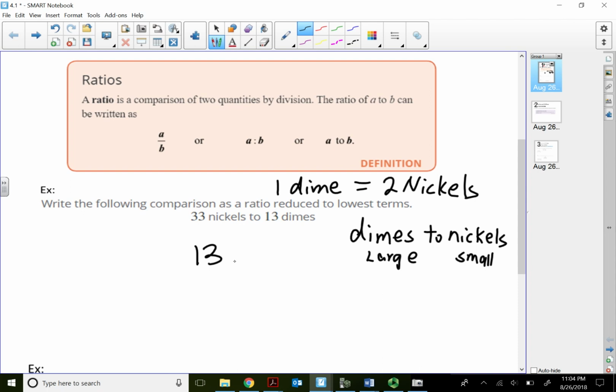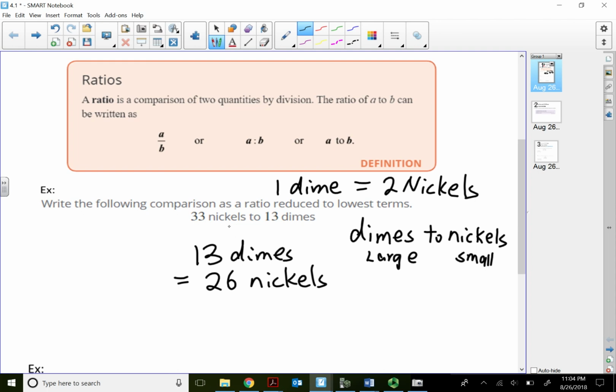So 13 dimes has to equal 26 nickels. Right? It's a 1 to 2 ratio. Every dime is 2 nickels, so if I have 13 dimes, we take 13 times 2, which is 26 nickels.